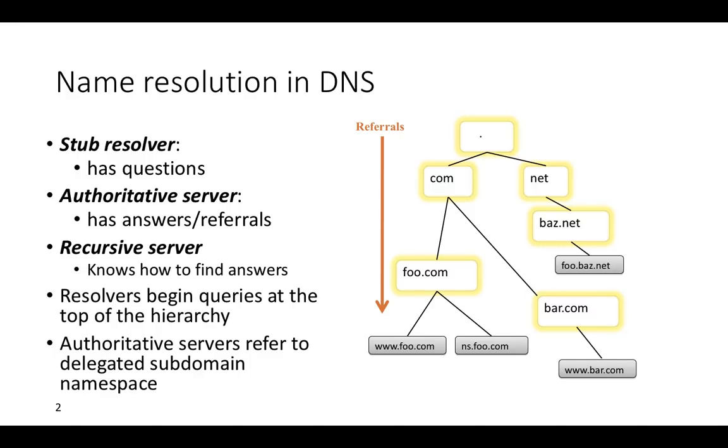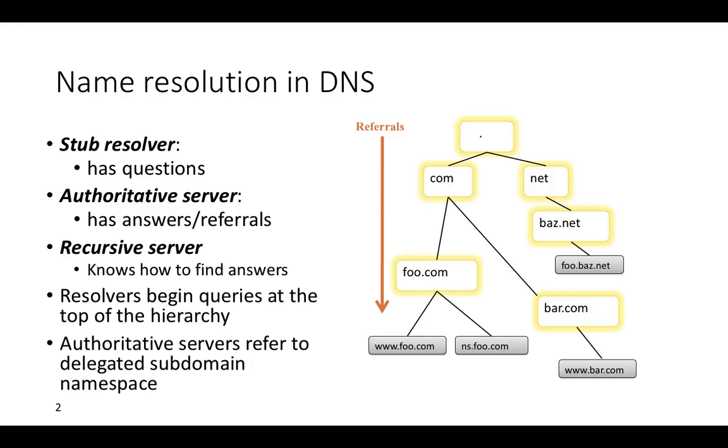But in between the stub and the authoritative server, we have what's called a recursive server, which sits between them to help find the answers for the stub. So basically the recursive server is the workhorse that knows how to find those answers. The stub resolver only knows how to ask a recursive server, and the authoritative servers have the answer to begin with. They're just waiting to be asked.